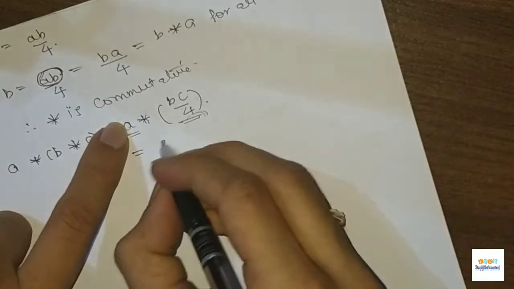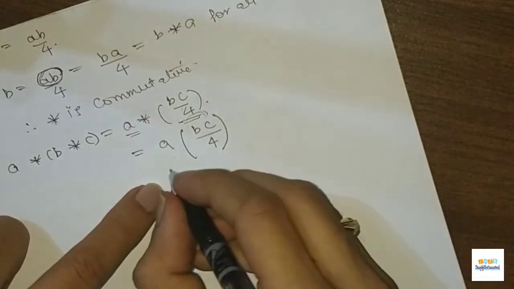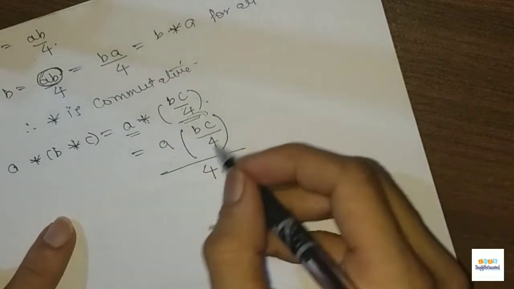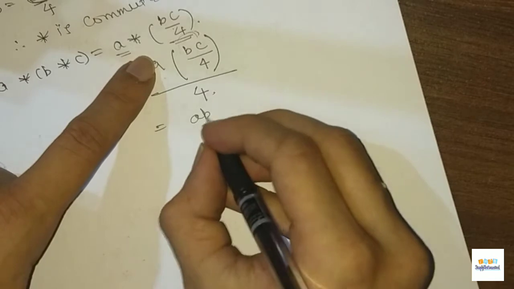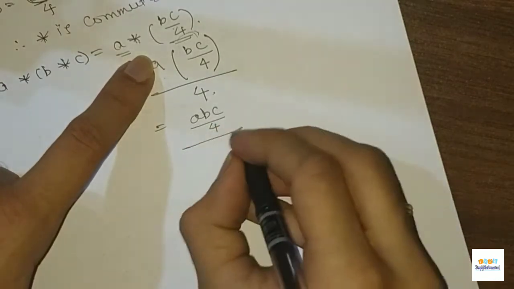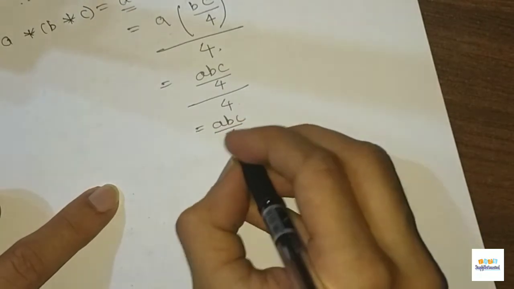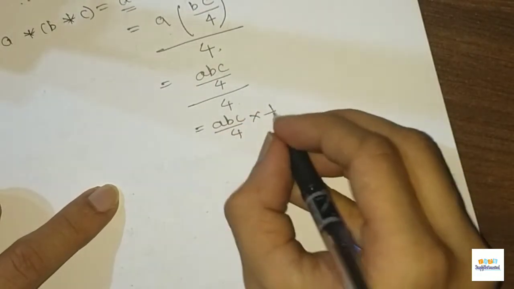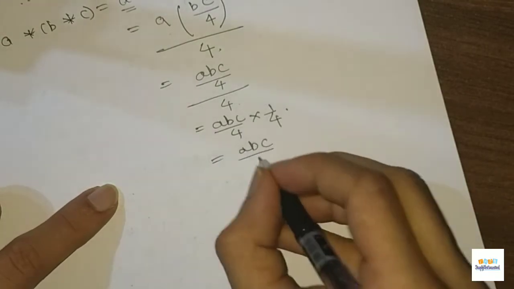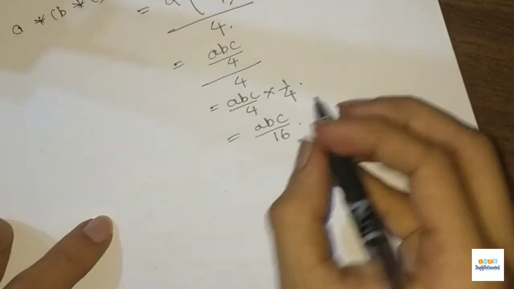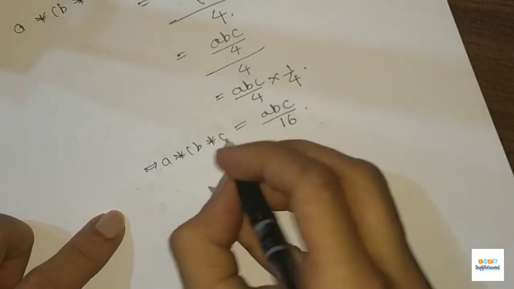So you'll get abc divided by 4, the whole divided by 4, which is nothing but abc divided by 4 multiplied by 1 by 4, which is abc divided by 16. So this is a star bracket b star c.